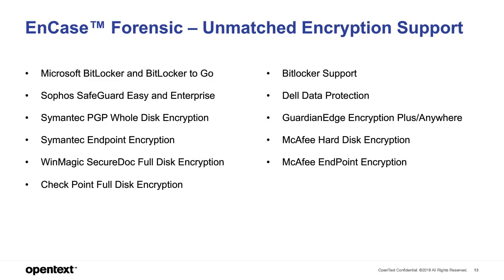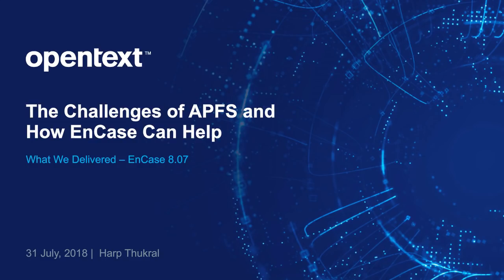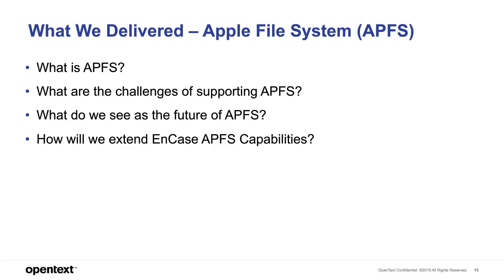Now I'd like to take a few minutes and talk about what we did in our very latest release, which is version 8.07. We released this in April of this year, and I believe it's added a lot of value, and I'd like to tell you a little bit about it. So one of the first things we delivered with 8.07 is APFS support, and also the topic of this webinar.